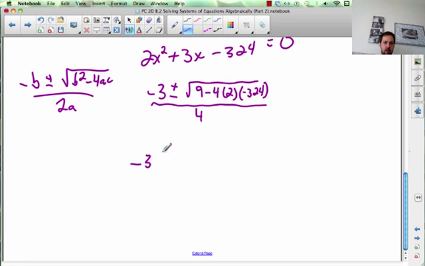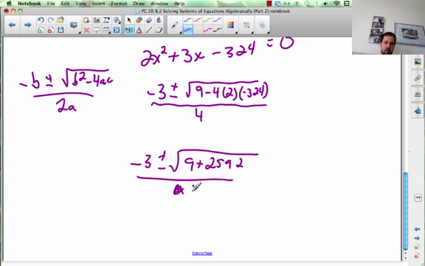So negative 3 plus or minus square root 9. And this was negative and this was negative, so that's going to be plus 2592 all over 4. Okay.